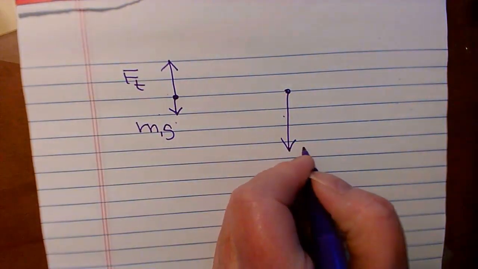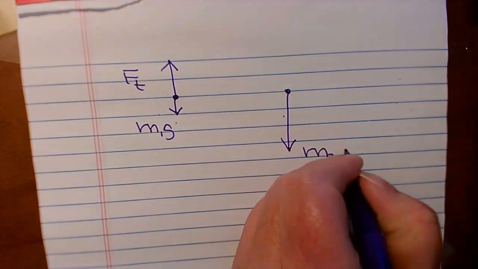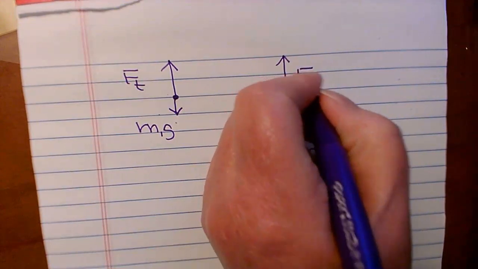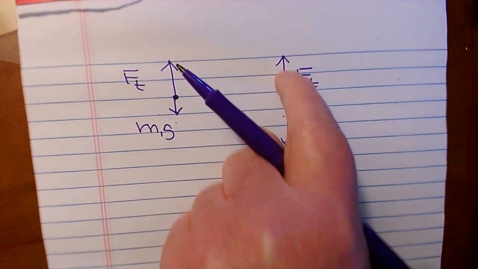Over here, this is M1. We have FT, and then a short M1G. And over here for M2, since the system is going downward, we have a big M2G, and then the same tension over here, but it's got to be shorter than this.